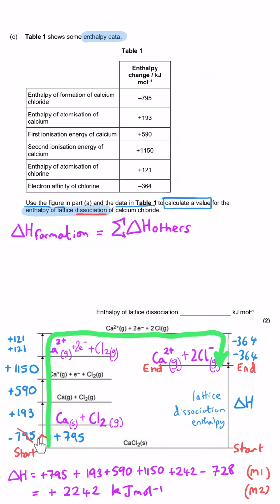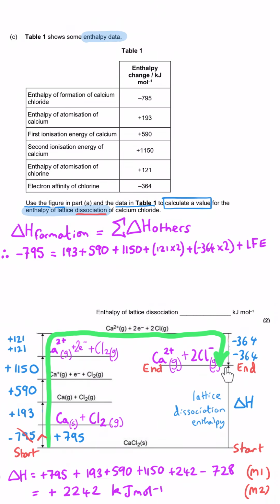The alternative method that you could use is one that relies on you remembering that the enthalpy of formation is equal to the sum of all of the other enthalpy changes in this cycle. So going from here down to here is equivalent to going all the way around the rest of the cycle. So in other words, enthalpy of formation is equal to the sum of all of the other enthalpy changes.